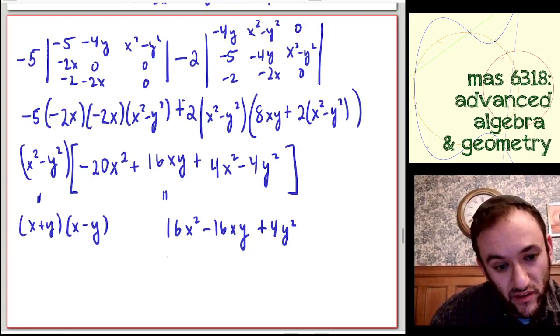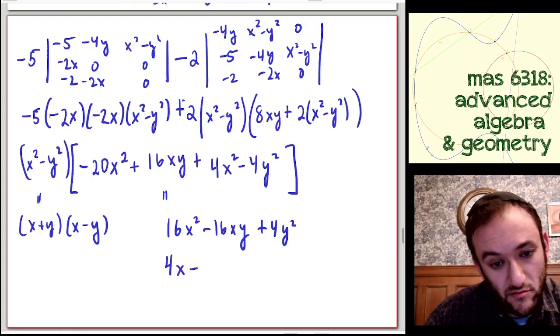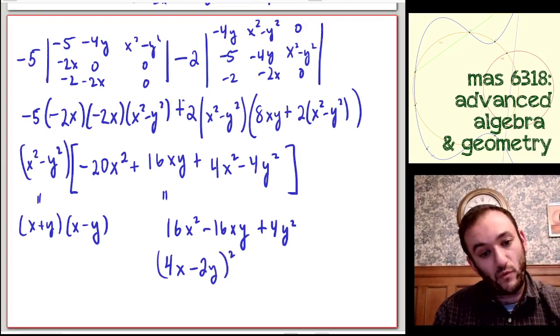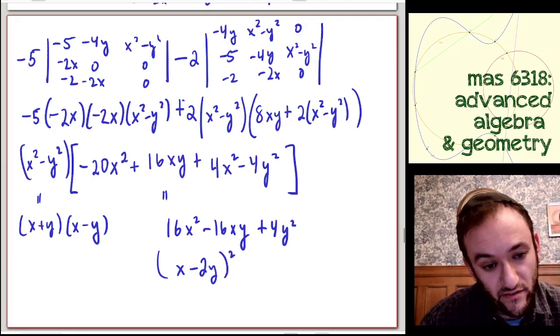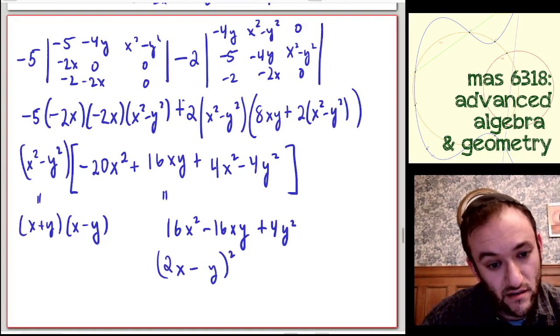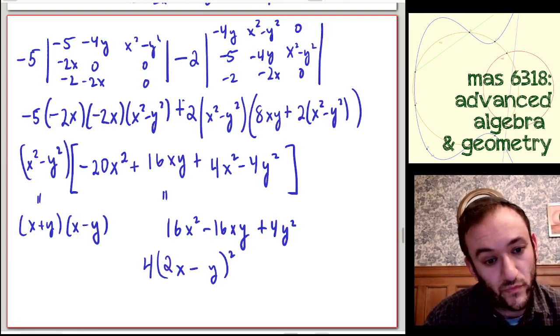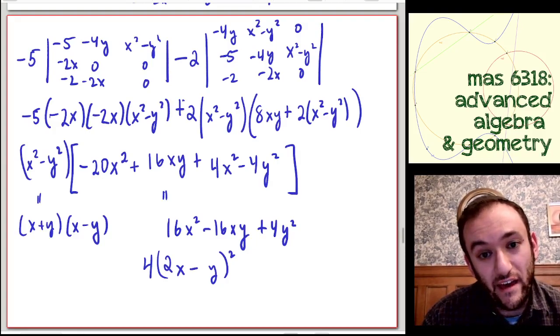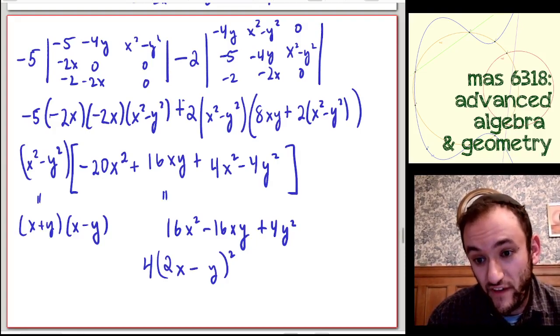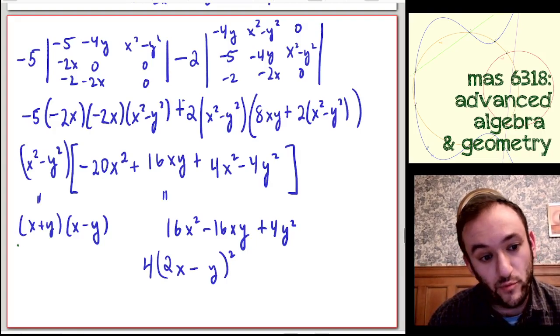And we can factor this as 4x minus 2y squared. Okay. And this, if you factor out a factor of 2, is the same as 4 times 2x minus y squared. Okay, so looking at this resultant, we have exactly 4 factors, all right, corresponding to 4 points of intersection.